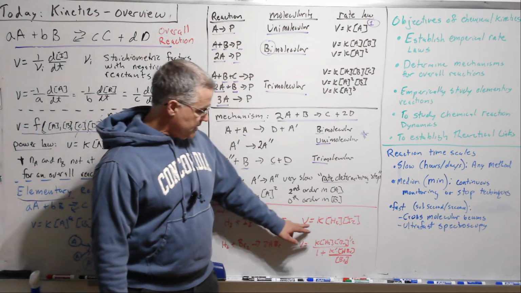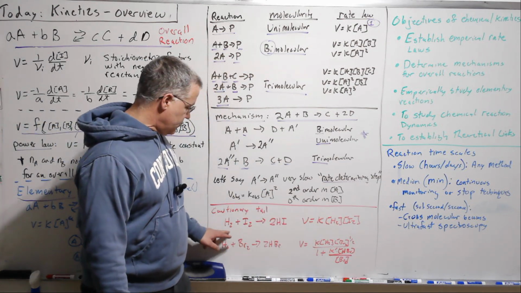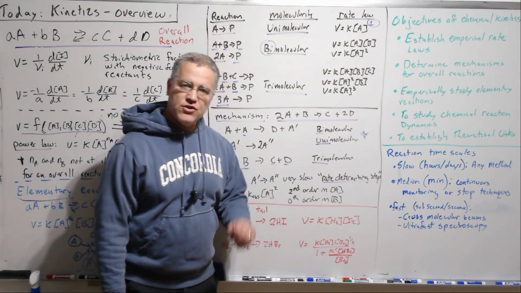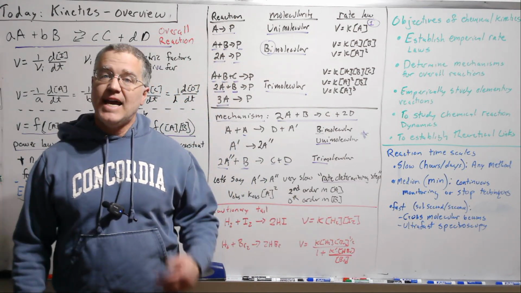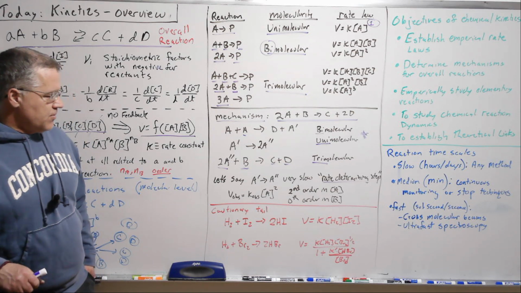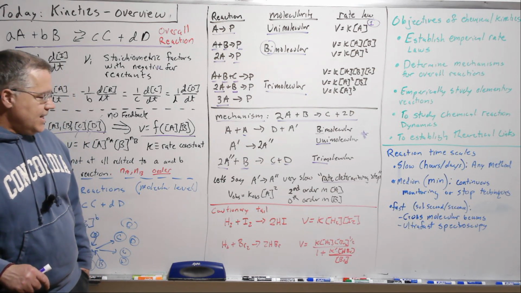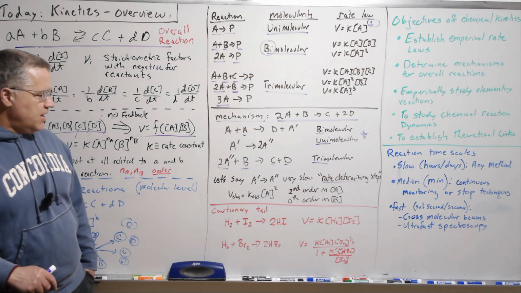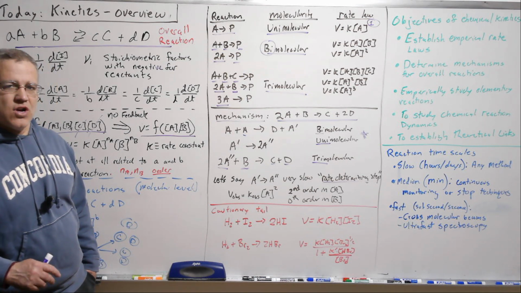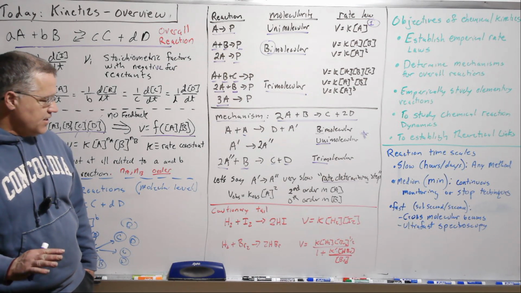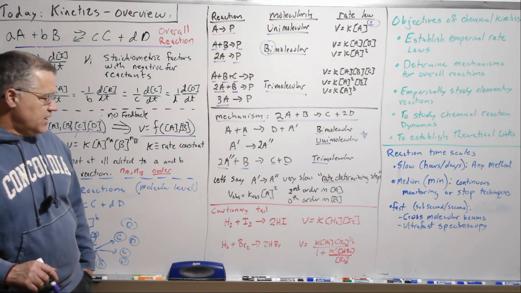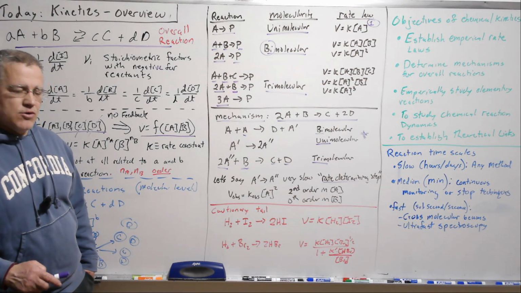You do an experiment, and if it's elementary, it would need to be first order in each of these, and it is. So you do an experiment that supports that idea. And then you say, okay, I think this is elementary. I've got strong support for it. It makes some sense. It's pretty simple molecules, and it's not unreasonable.